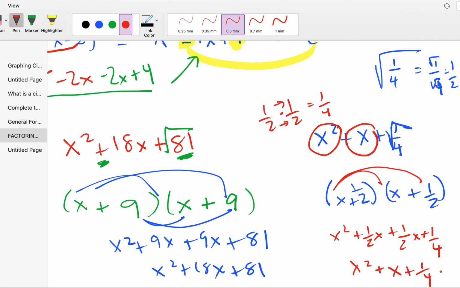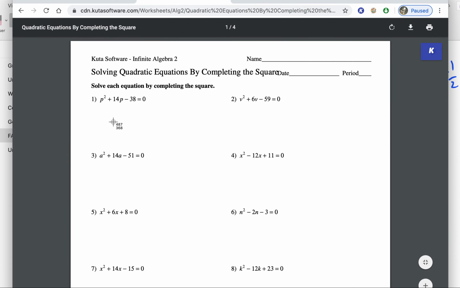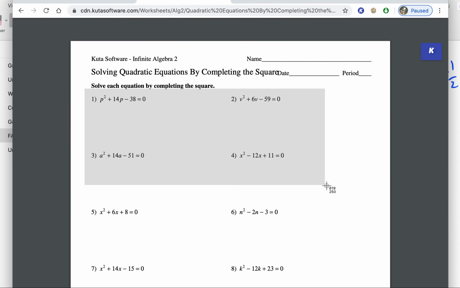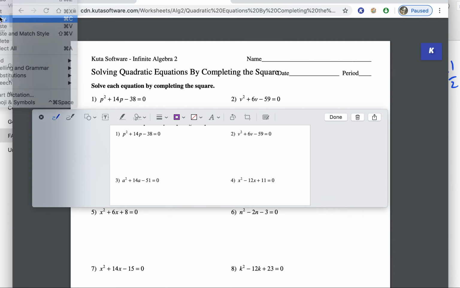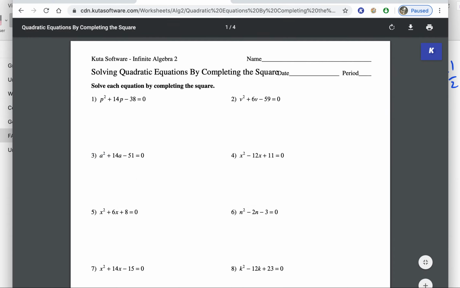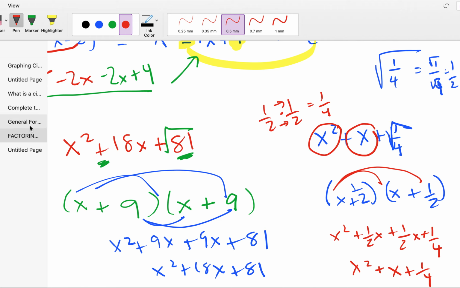So we're going to use this concept and this idea of a perfect square to complete the square. And we can take a problem, I can take a couple from the internet here, and we can practice it. So when we get into the equation of a circle in general form, we're going to be completing the square twice.